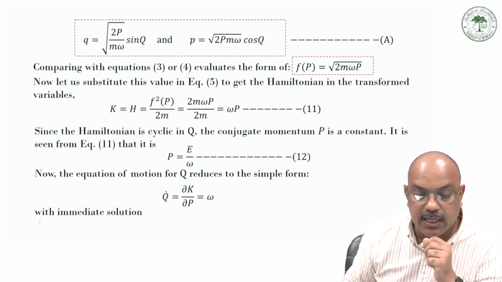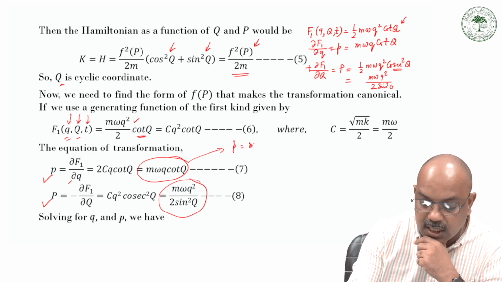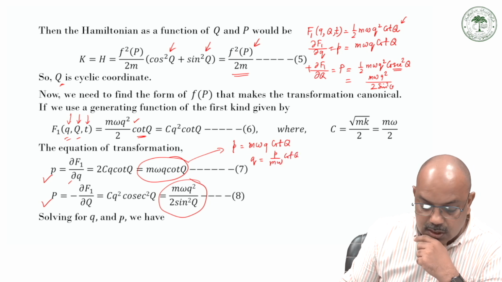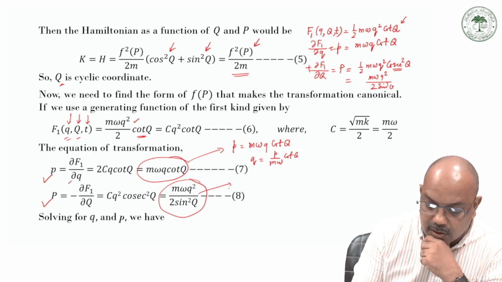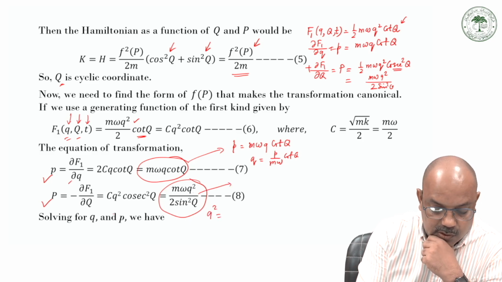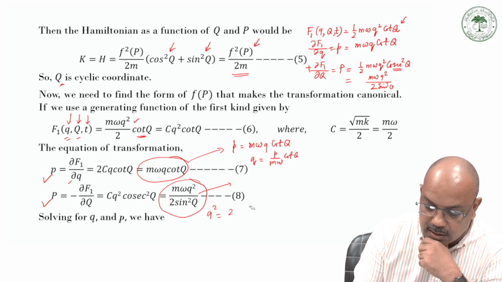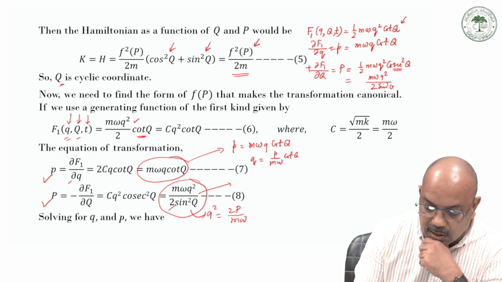Once I have small p and capital P, from here small p is m omega q cot Q, so I can write small q as p by m omega cot Q. From the other equation, I can write q squared equal to twice P sine squared Q over m omega.